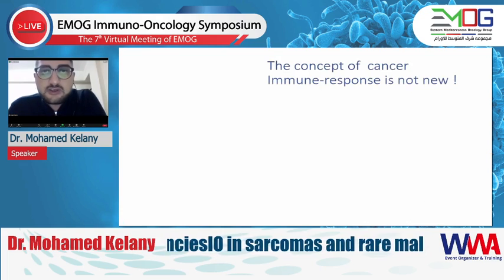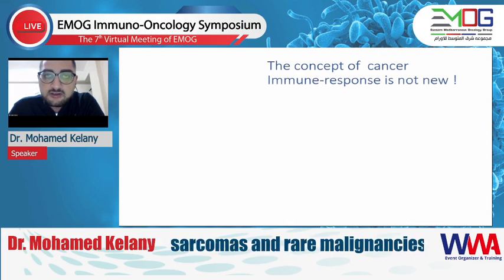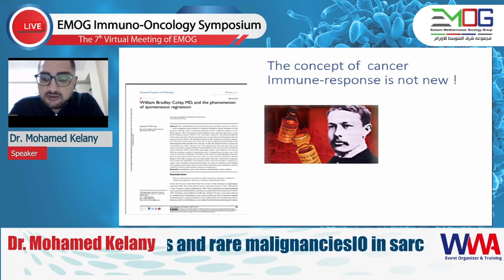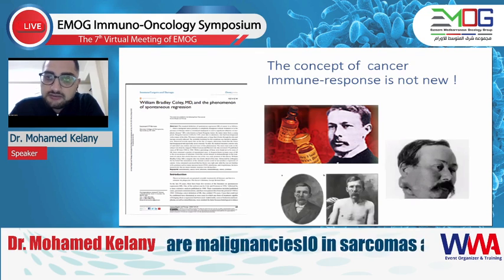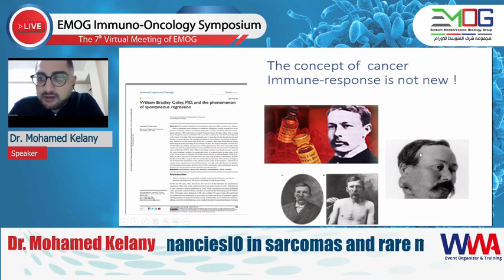The concept of immune response to cancer therapy is not so new. It is as old as the 19th century, when a surgeon called Wilhelm Busch reported a phenomenon of spontaneous tumor regression after a staphylococcal infection, erysipelas, in more than one patient.